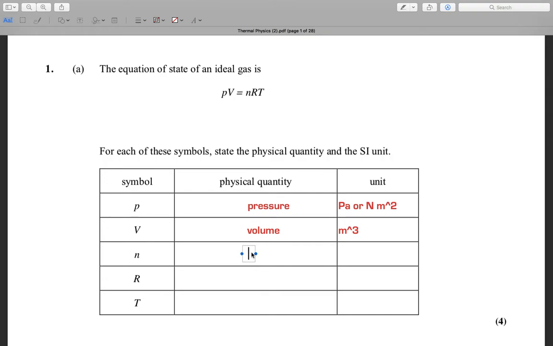Small n is the number of moles. P is pressure, V is volume, and n is number of moles. The unit of moles is mole.